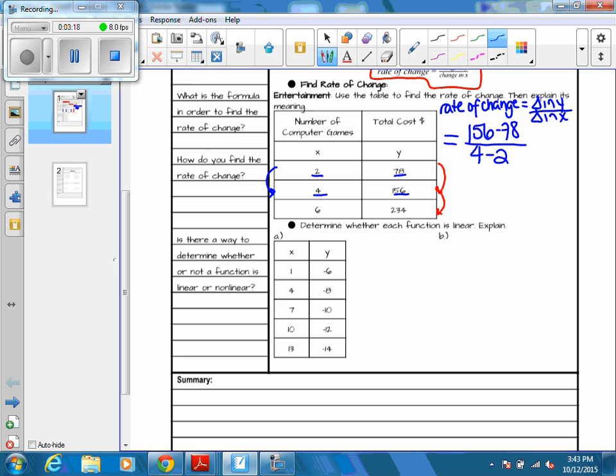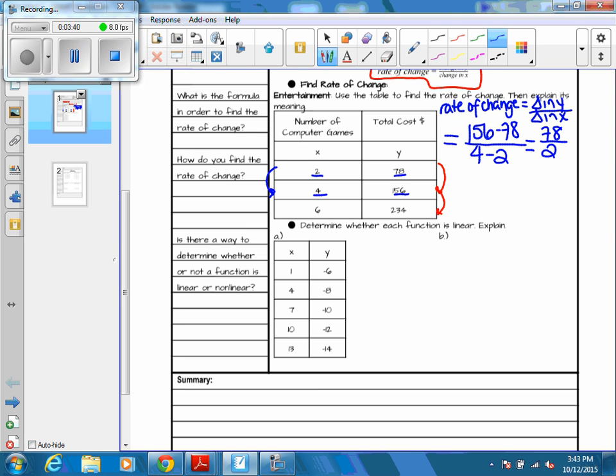So if I simplify that, 156 minus 78 is going to give me 78, I believe. 78. And then 4 minus 2 is going to be equal to 2.